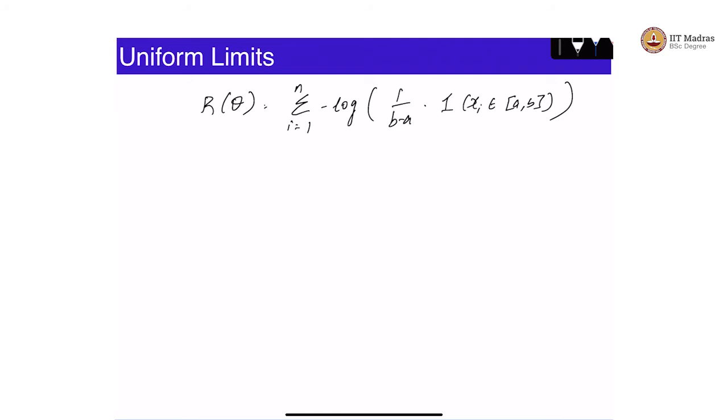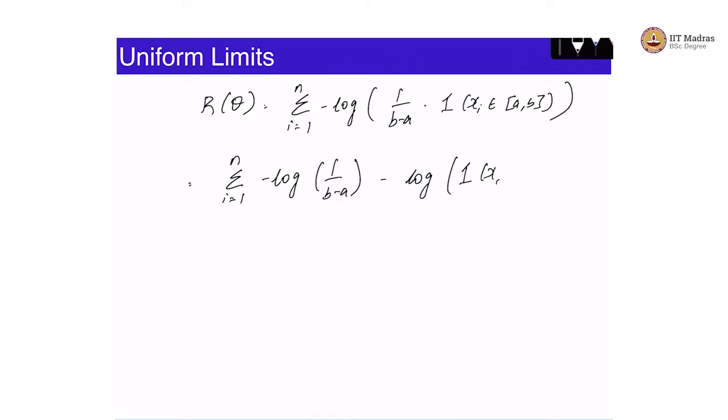Let's decompose this even further. This is equal to the sum over i equal to 1 to n of minus log of 1 by (b minus a), minus log of the indicator of xi belongs to a comma b.